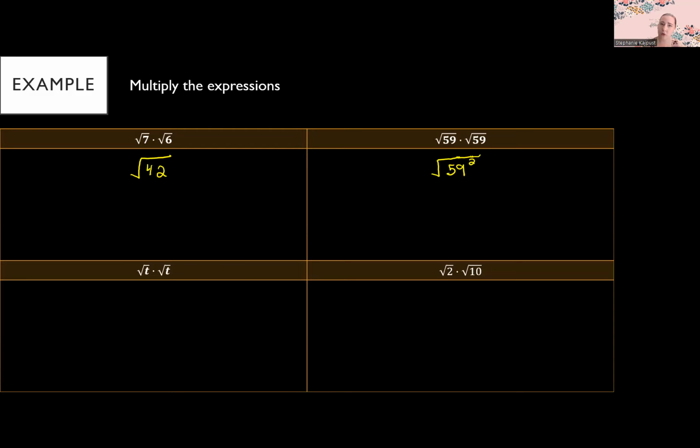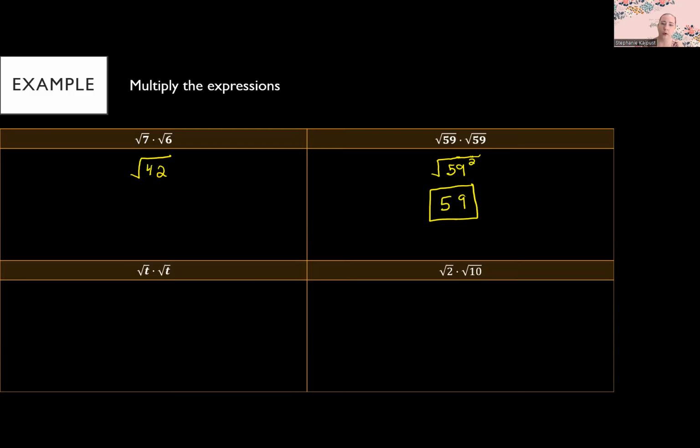And that square root cancels out exponents of 2. Or if we're simplifying, you divide the exponent by 2. So that square root and the exponent of 2 basically cancel each other out, and you're only left with the 59. And so that's your final answer here, 59.